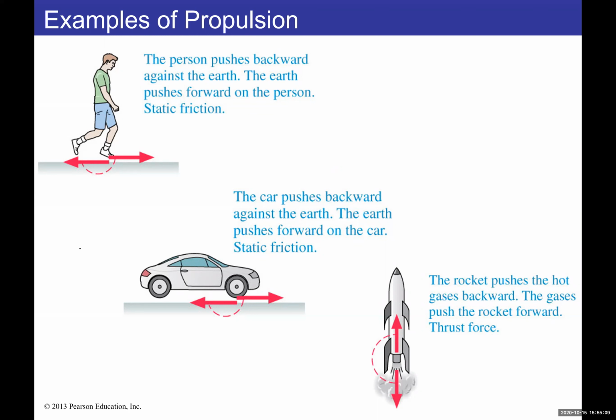That's how it operates. It's dumping all the fuel down, pushing the gases down, and the gas pushes the rocket up. That's why it needs enough fuel and gases so that it can propel itself and escape Earth's gravity.